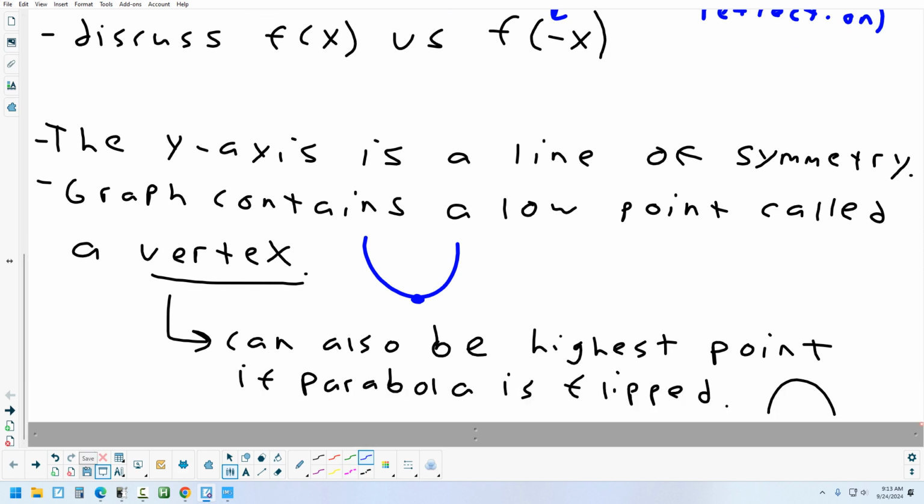The vertex doesn't have to be the lowest point. It could be the highest point. If you took your parabola and you flipped it, then the vertex would be at the top. Any question on what the vertex is?